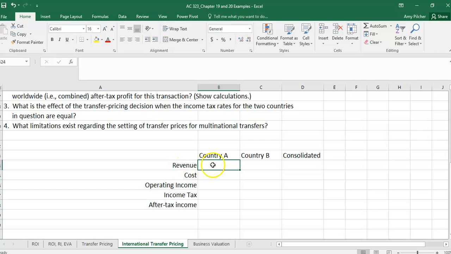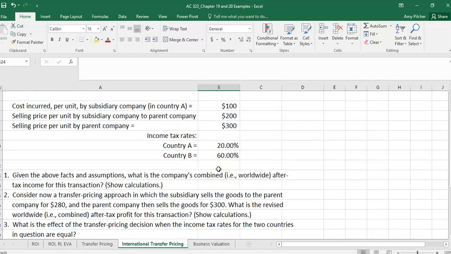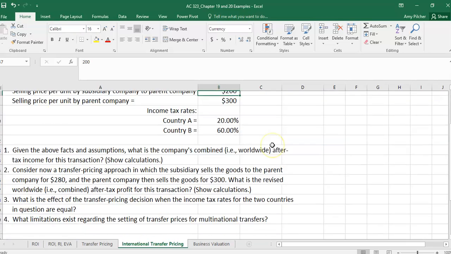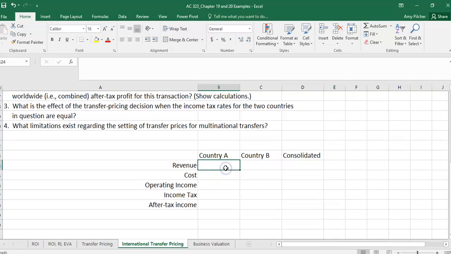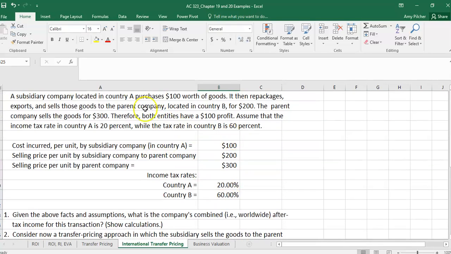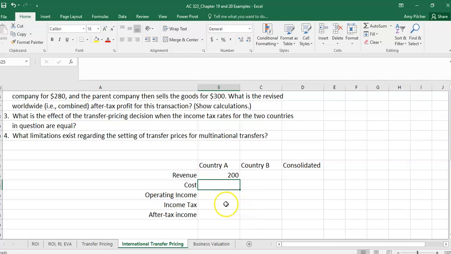So for country A, our revenue is $200 when we sell that piece to country B for further work. We have a cost of $100. So we purchase $100 worth of goods, we repackage them, export them, and sell them to country B for $200. So our cost is $100.